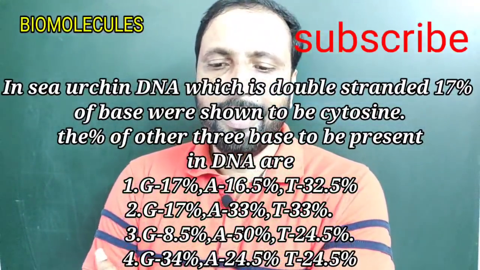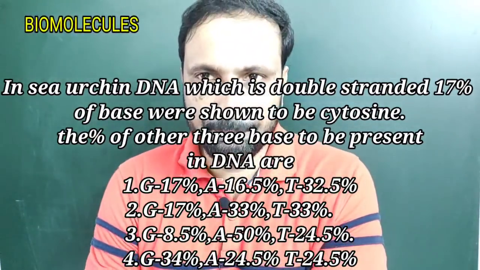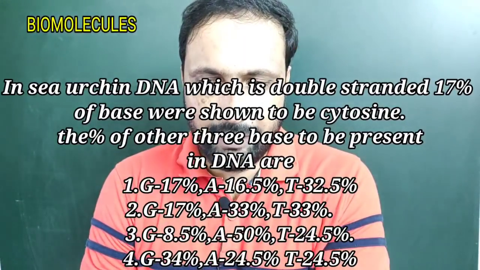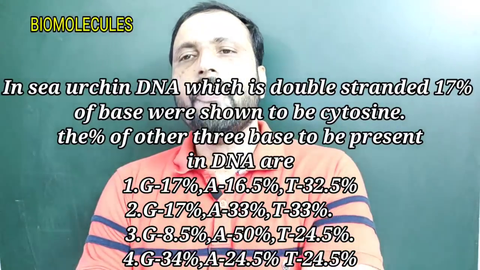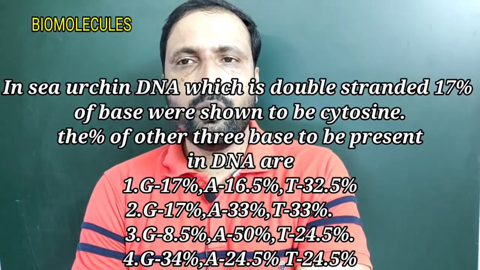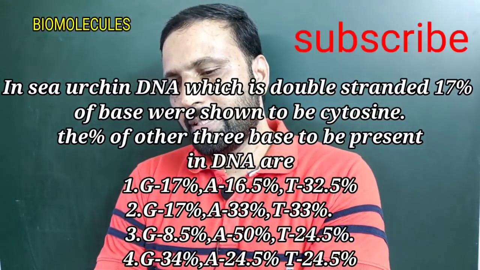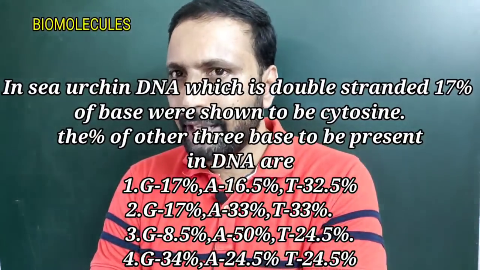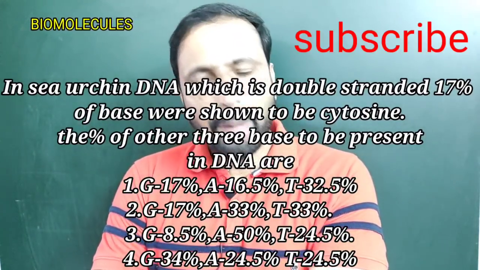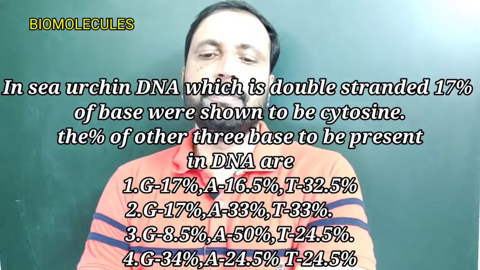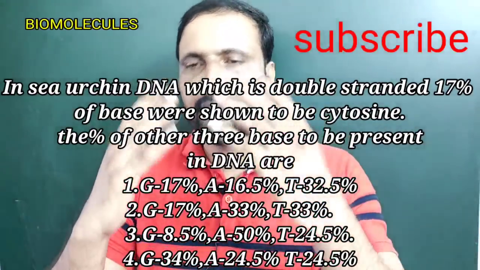When the cytosine percentage is 17 in the sea urchin, DNA is double helical, so definitely guanine percentage is also 17. 17 plus 17 is equal to 34%, remaining 66%, definitely adenine 33%, thymine 33%. So from my point of view, the second option is correct: guanine 17%, adenine 33%, thymine 33%.